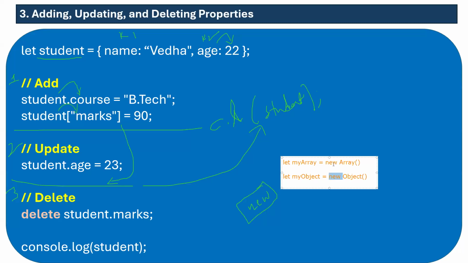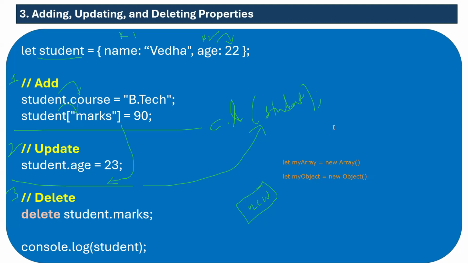Guys, you should say it this way. In the first line, the new keyword will allocate a new memory for your array. And in the second line, the new keyword will allocate a new memory for your object. So the new keyword will allocate, whereas the delete keyword will deallocate, guys.